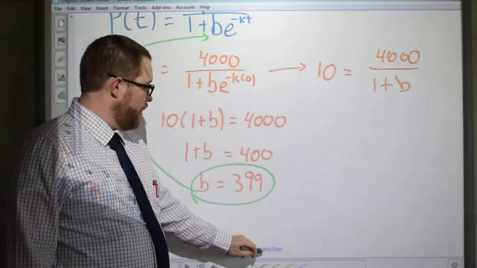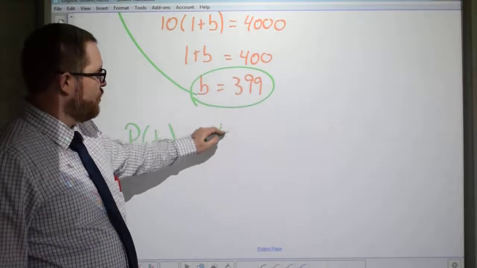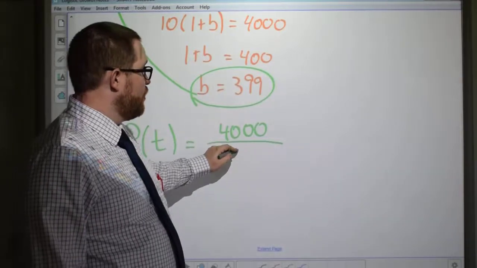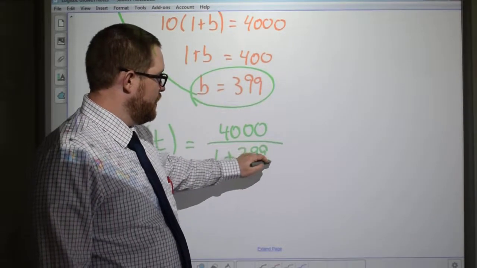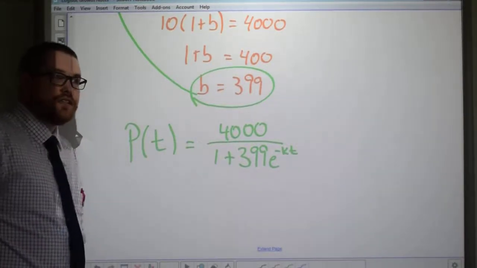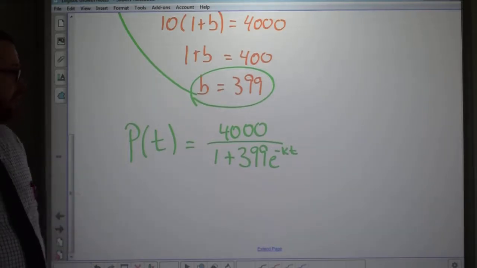So now let's think about what I have. I have the population equals 4,000 over 1 plus 399 e to the negative kt. T is going to stay in the problem, but I still have k. I need to find k.